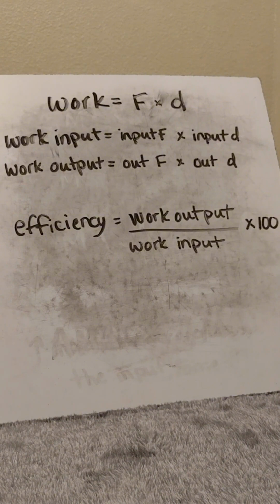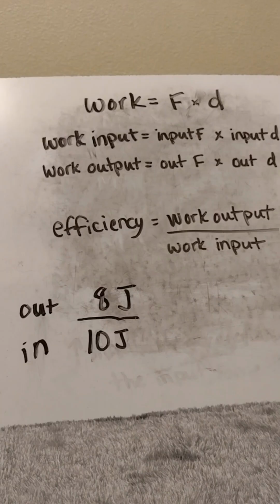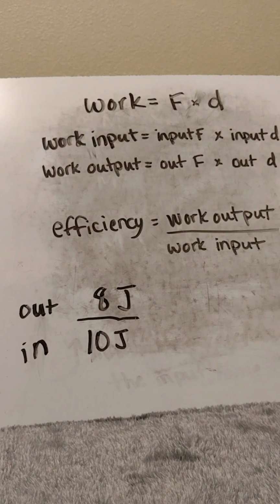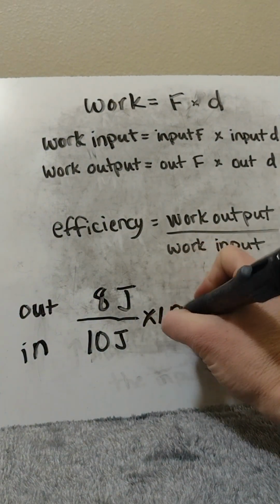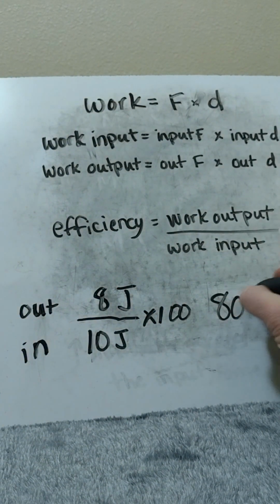So we can put them all together into an equation to figure out the efficiency of a machine by doing work output divided by work input, and then you multiply it by 100 to give yourself a percentage. So if you put in 10 joules of work into a machine and the work output is 8 joules, 8 divided by 10 is 0.8, and then you multiply that by 100, and that is going to give you 80% efficiency.